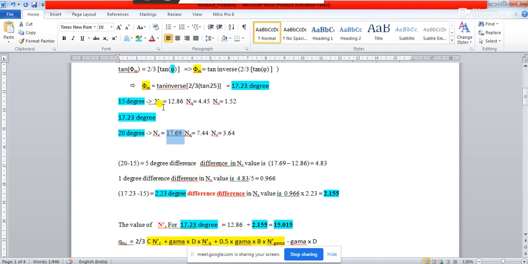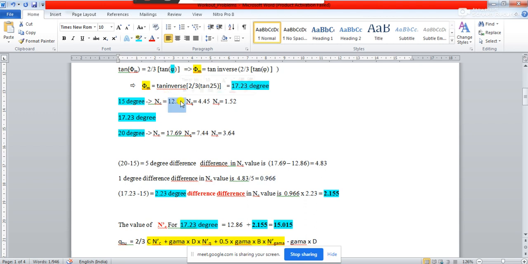So for every 1 degree change, for 16 degree what will be the value? 12.86 plus this, 0.966. For 17 degree, 12.86 plus 0.966 plus 0.966.